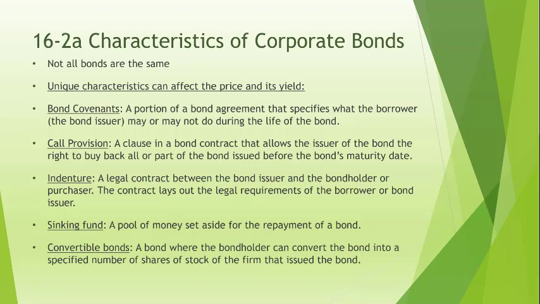Often that relates to default. So if the company defaults, what rights do the holders of the bonds have? Sinking funds. This is a pool of money set aside for repayment of the bond. In some cases, the legal contract, the indenture, will have a specification for a sinking fund.